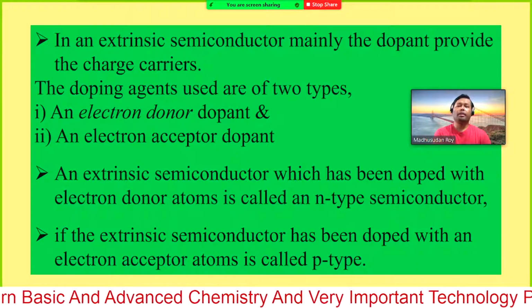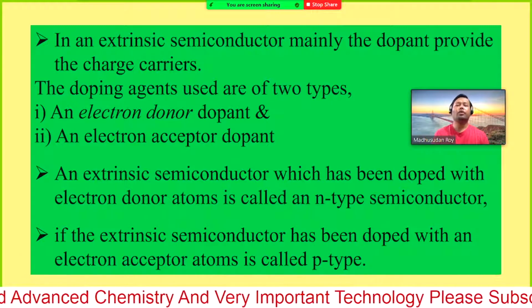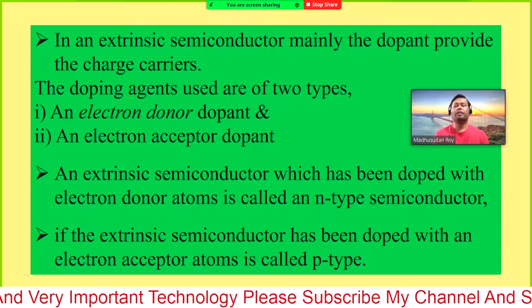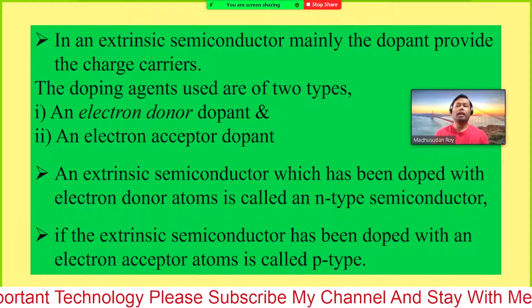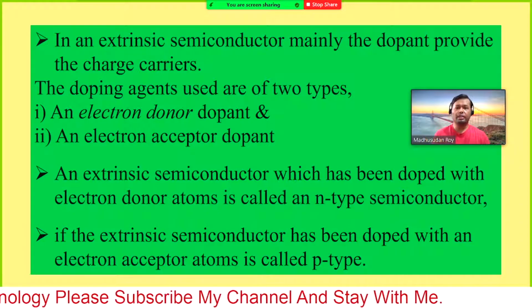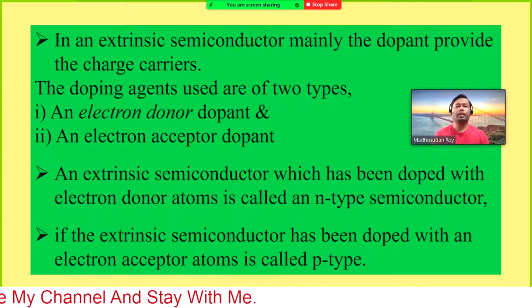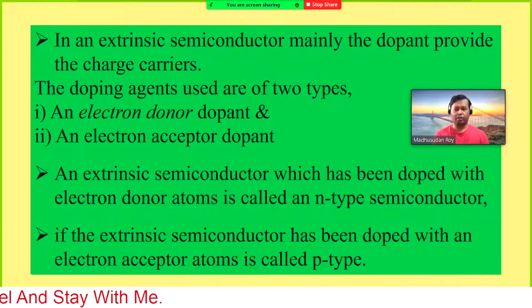So any element having 5 electrons in the outermost shell can donate or share one extra electron to the crystal. So the electricity can be conducted by using that free electron.